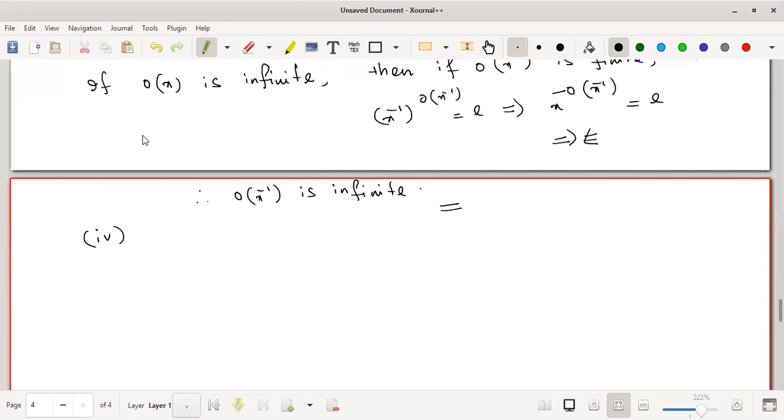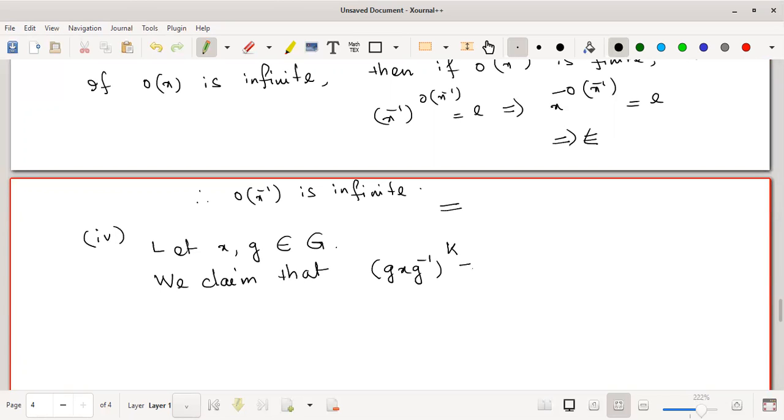Now let us prove the last statement. To prove the last statement, first of all, let x, g be two elements in G. We claim that (g x g inverse) to the power k equals g x to the power k g inverse for all natural numbers k greater than or equal to 2.